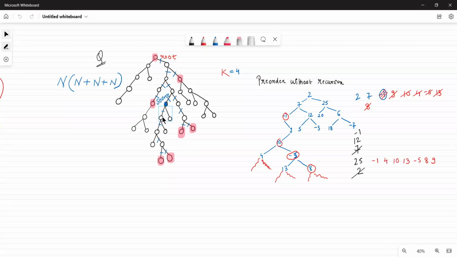So these three n are for that. First n is for finding the path from the root node to the source node. Next n is for finding the path from the root node to that specific node. And the other n is for removing the common nodes and at the end getting the path. Clear? So this is the time complexity.